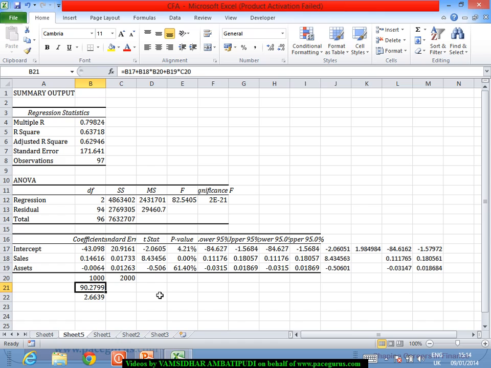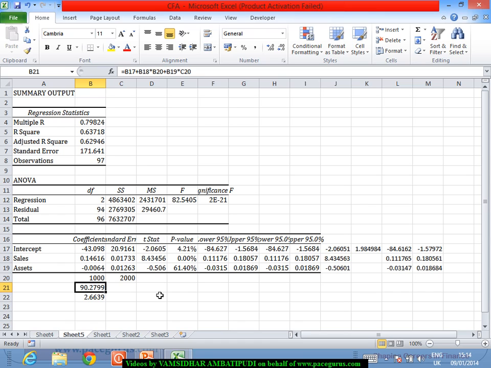And if we are looking at some of the important aspects of this linear relationship model, whatever relationship we are establishing between the dependent variable and the independent variables is purely a linear relationship. Whether it is simple regression or multiple regression, we say that the relationship is linear.